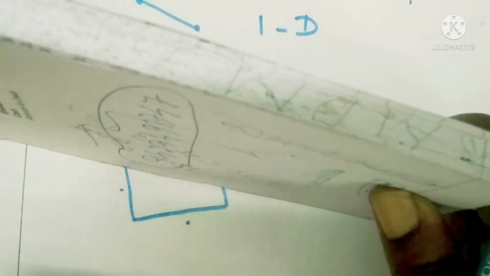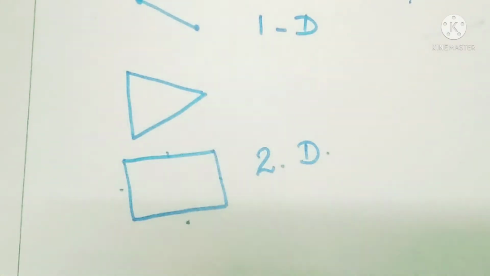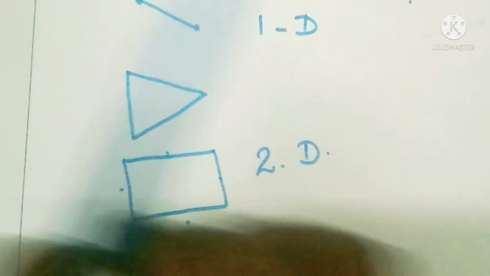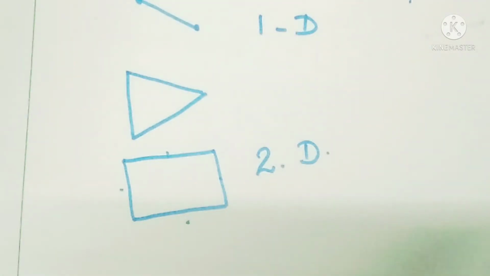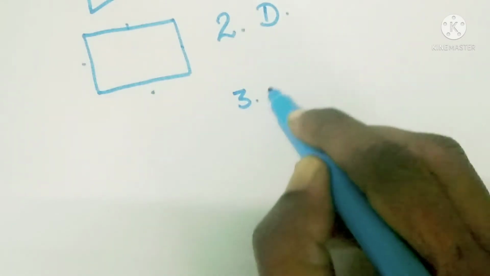Can you see this? It has got length. See here, this is the length and this is the breadth. And it also has a thickness. You see, this is the thickness. Such figures which have length, breadth and height are called 3D shapes.